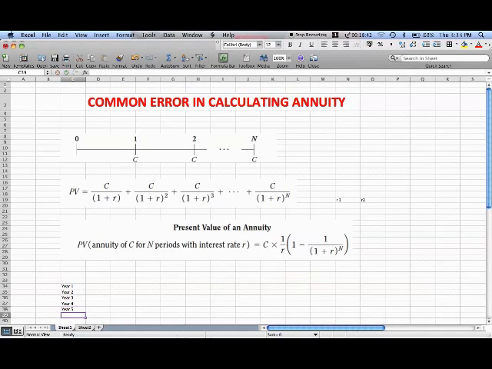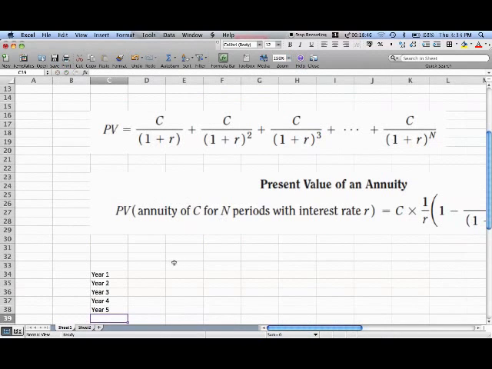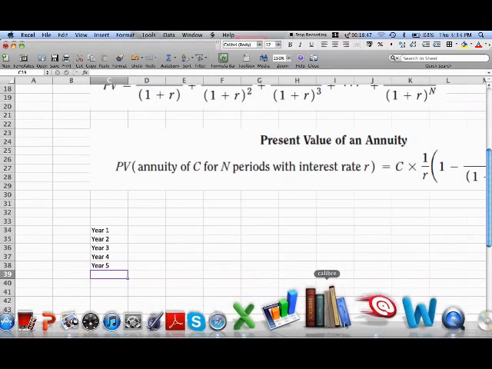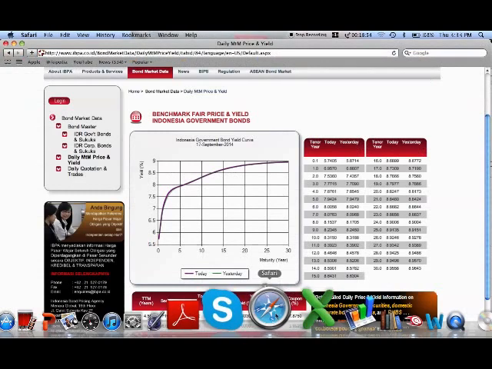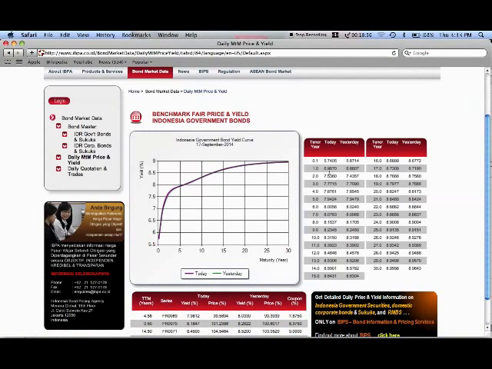For example, the investment opportunity or your car loan installment is a 5 year term. Okay, I go back to here. The first year is 7.9570.